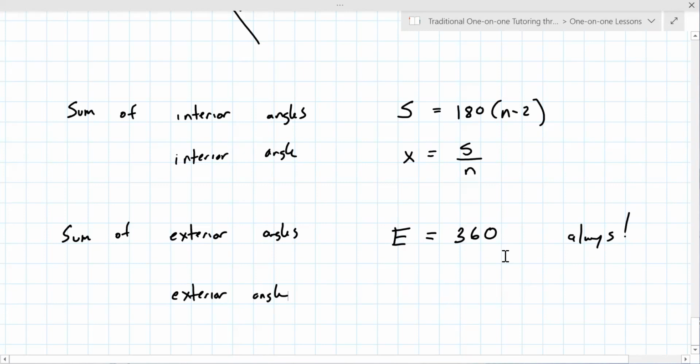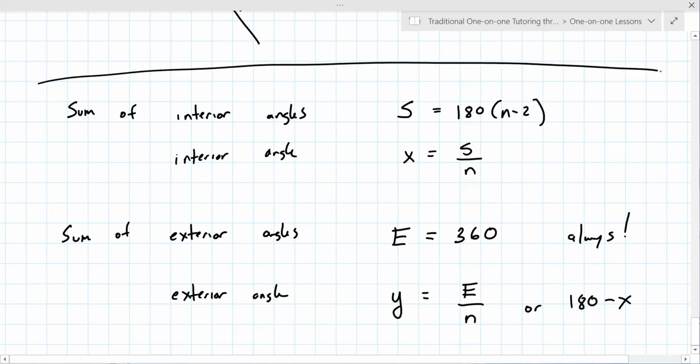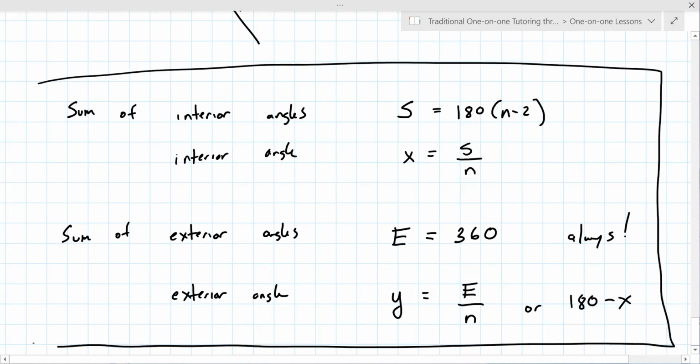You get it by taking the sum of the exterior angles, so I'll call it Y, and dividing it by N. Or you can actually do 180 minus X. Okay, so this is kind of like a summary of all the stuff we just did.